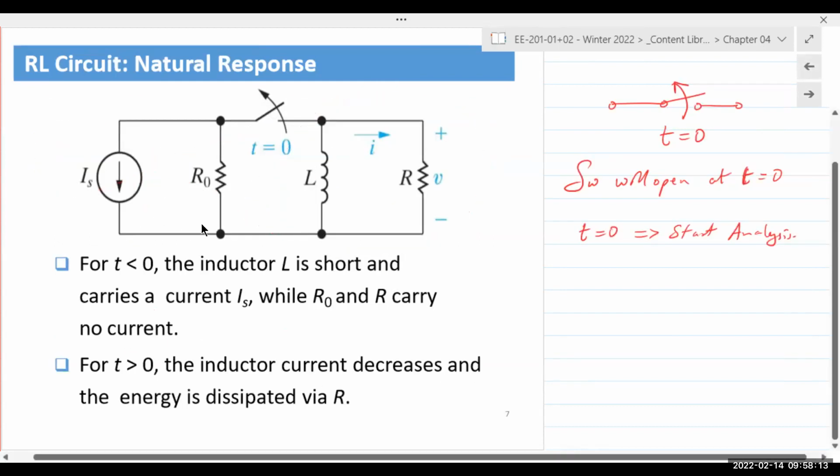Before time t equal to 0, the current source was connected. The inductor gets fully charged. Once it's fully charged, the inductor acts like a short. And once it acts like a short, everything's going to pass through that inductor. Nothing goes through anywhere else once you have a short circuit.